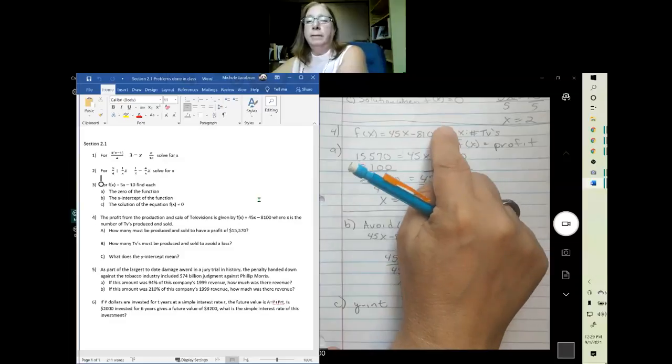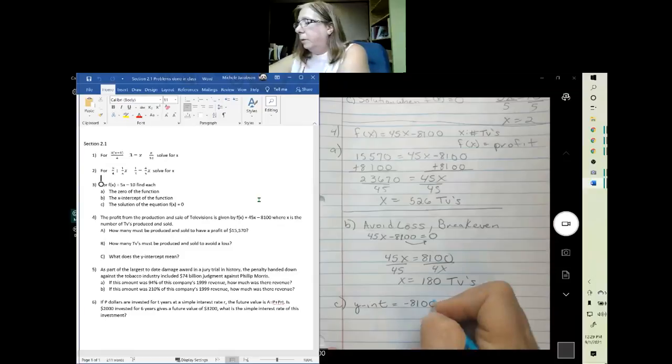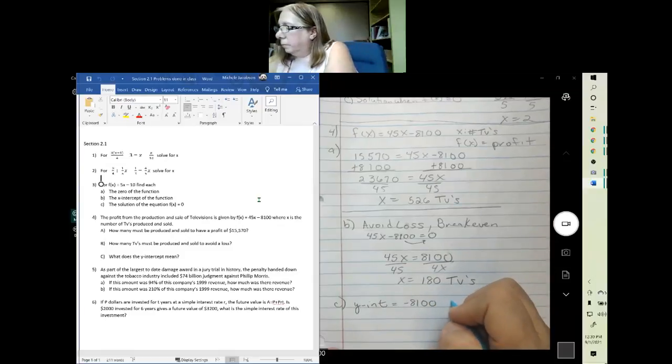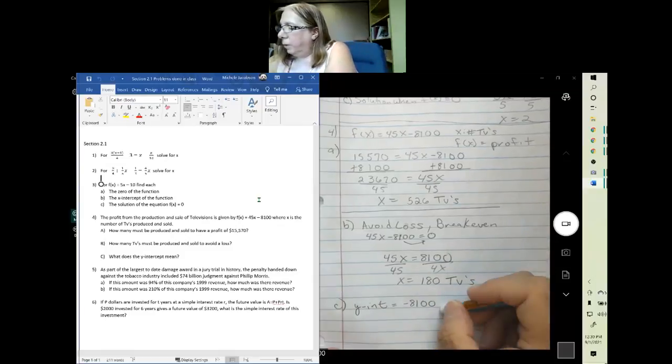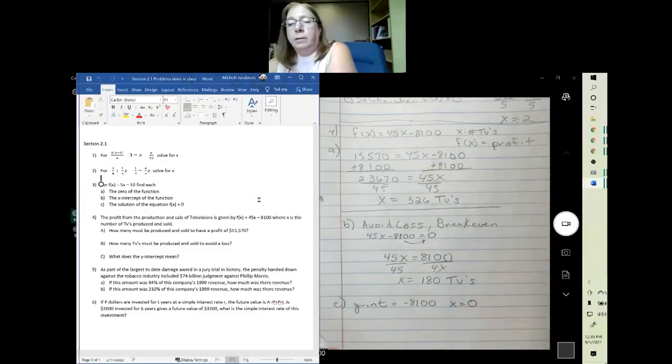So it's a negative 8100. When you have a y-intercept, your x value is 0. And x is the number of TVs.